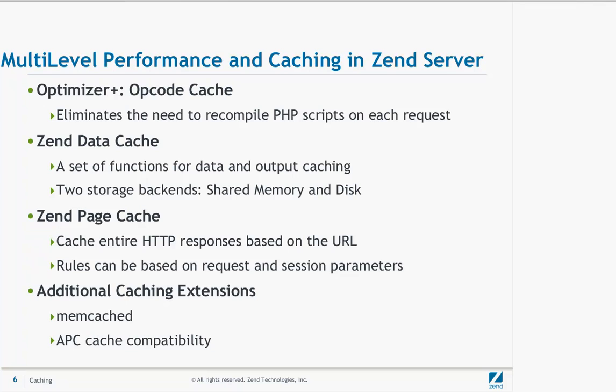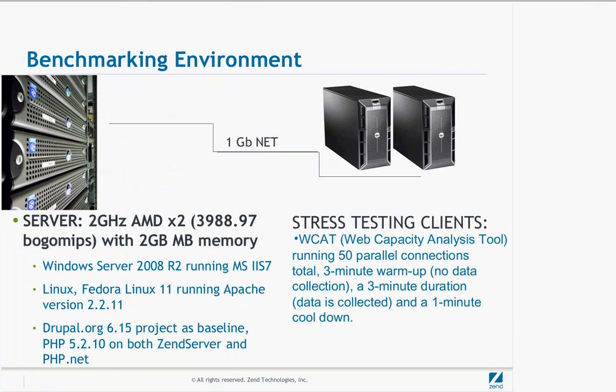In the benchmark today, we'll review how opcode caching can help improve PHP script performance, how the data caching API can further improve performance, and then we'll be using page caching, which allows for even better gains in performance once you identify the bottlenecks. We'll look at all these areas, and Drupal does provide its own caching internally, which we've used. So I'll talk about that.